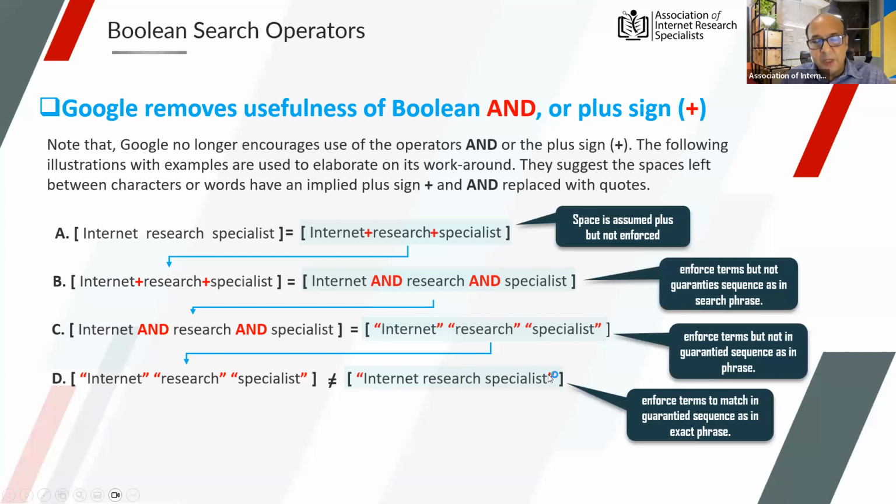We have made it into a search phrase, put within quotation marks. Now, the search results for individual words inside of quotes and for three words inside of quotes as a single search term would give different results. So these two ways of writing a search query are different.